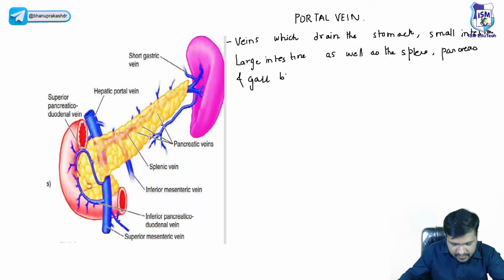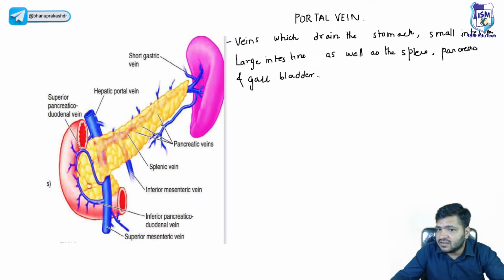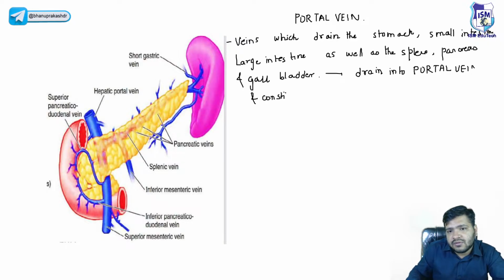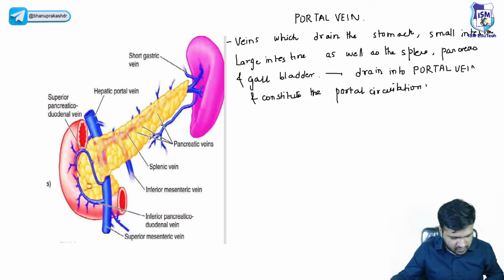So when I say the stomach, small intestine, large intestine, spleen, pancreas, gallbladder, all the veins of these particular organs, they drain into the portal vein, and this constitutes the portal circulation.